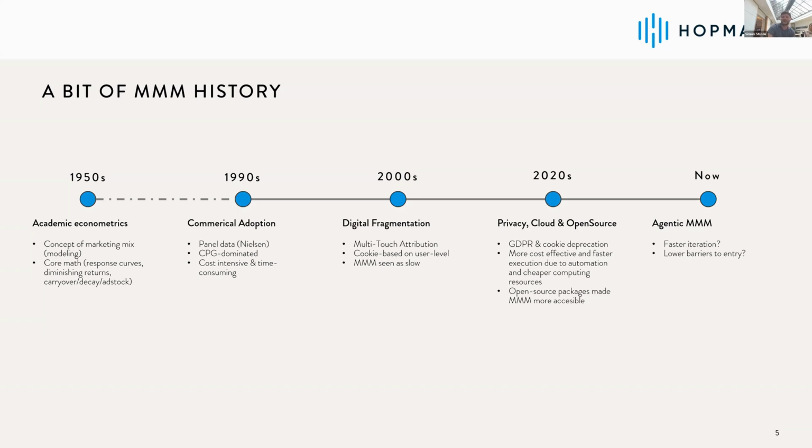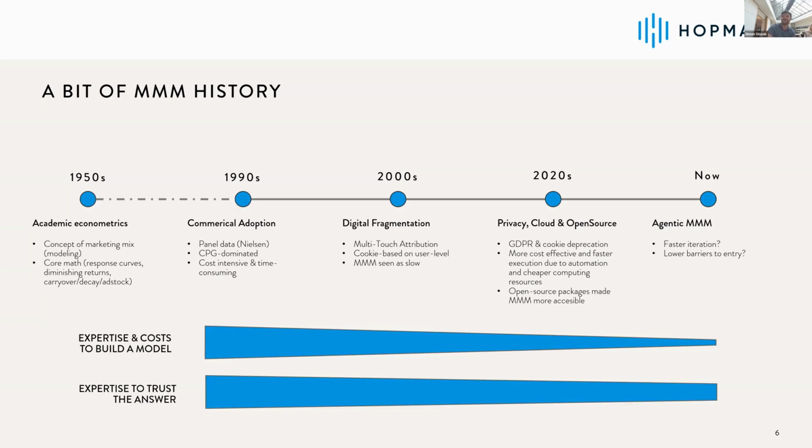And of course, nowadays there's also this big agentic marketing mix modeling, or not sure if it's already big, but of course there is some stuff happening with marketing mix modeling and AI, and the promises, of course, that you can even faster iterate on different models, and that it lowers the barriers to actually run your first model even more. Let's see if this is really the case, or I'm also interested in your opinions there.